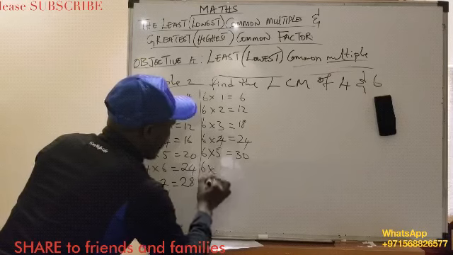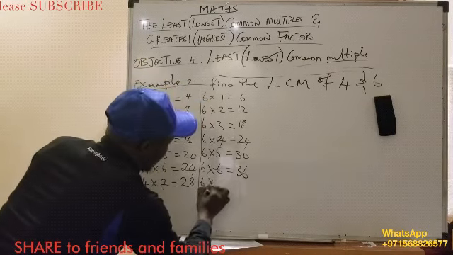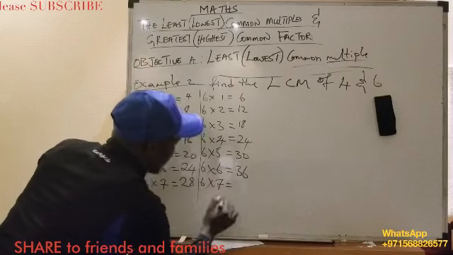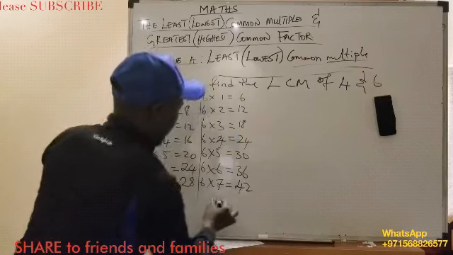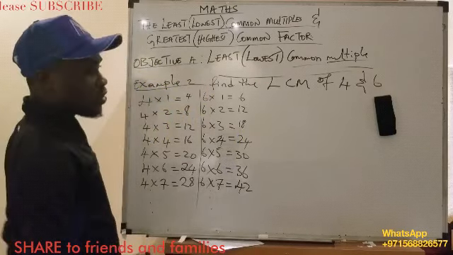And 6 multiplied by 6 will give us 36. 6 multiplied by 7 will give us 42. Till infinity, but let us just stop here.